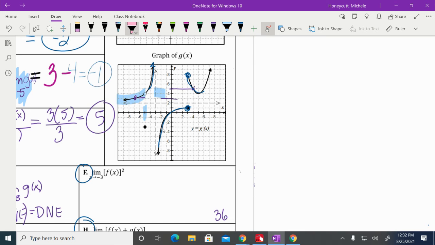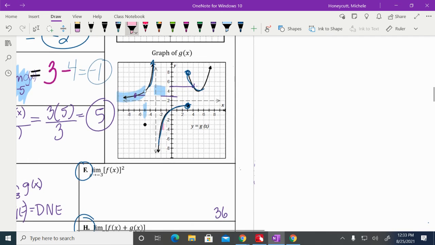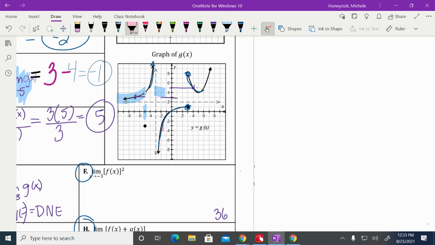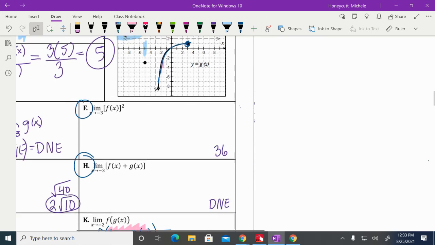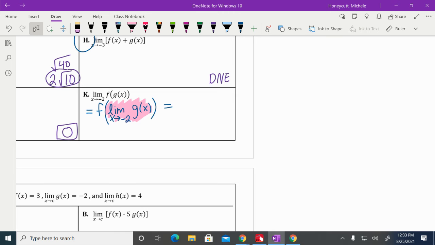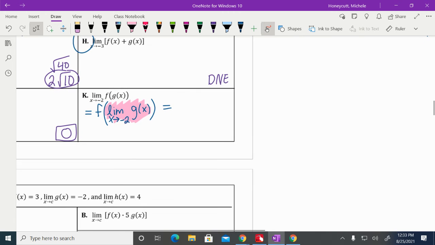What's it looking like? As x approaches negative 2 on g, I get negative 3. So then I now have f of negative 3, and the negative 3 I got from finding that limit.